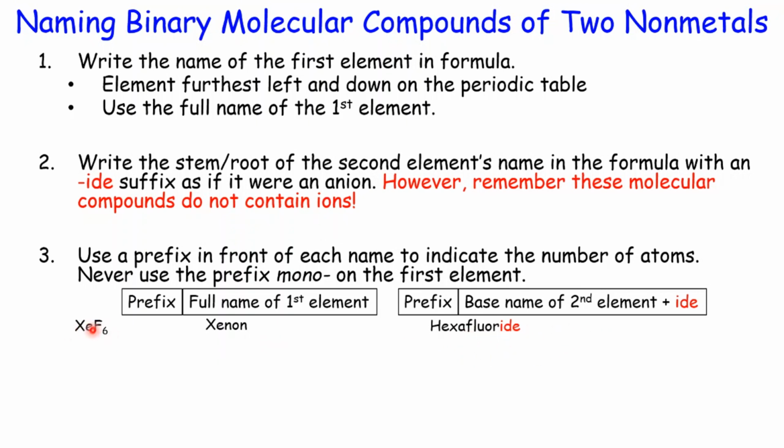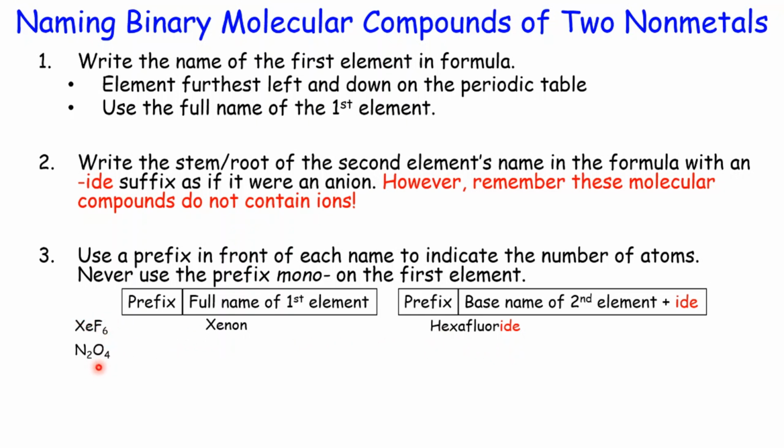The second element is fluorine, so we use the stem FLUOR, then IDE. So fluoride. We don't write down fluorine, we write down fluoride. So you put them together: xenon hexafluoride. That's the name for this formula.